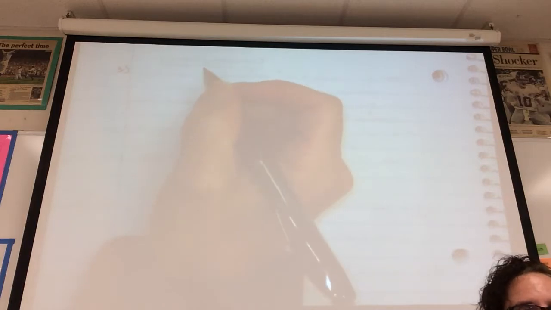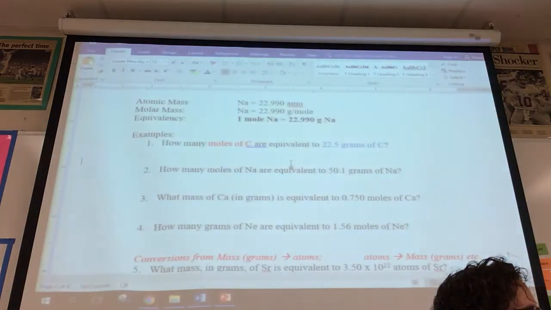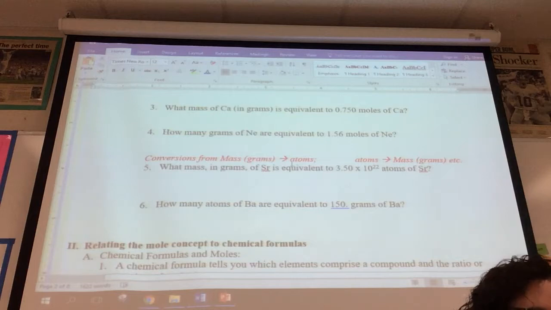Number 3 says what mass of calcium in grams is equivalent to 0.750 moles of calcium? What's my given? What's my given in number 3? 0.75 moles of calcium. You got it.